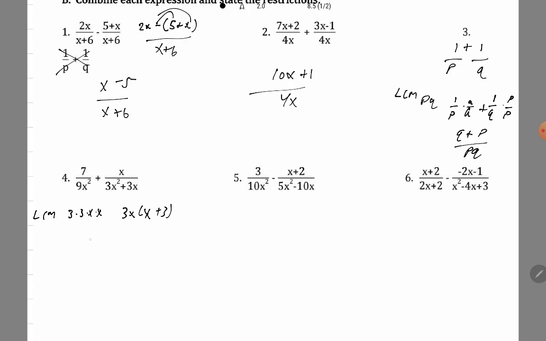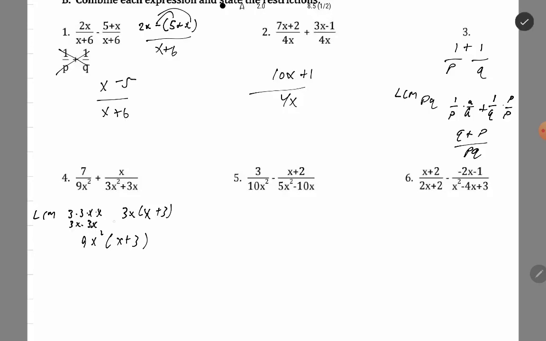So our lowest common multiple is 9x squared, x plus 3. Because if we combine these a little bit, we have 3x times 3x.